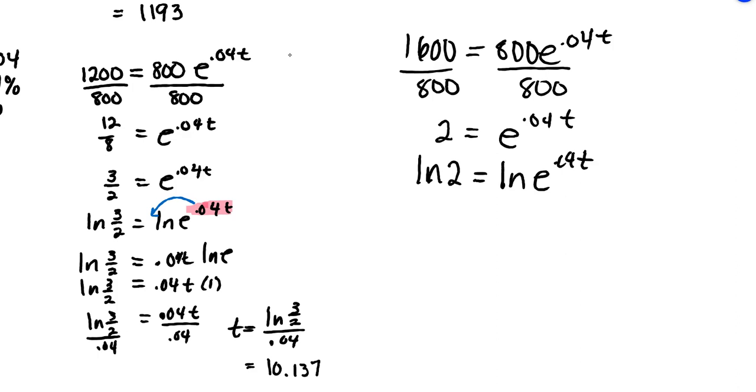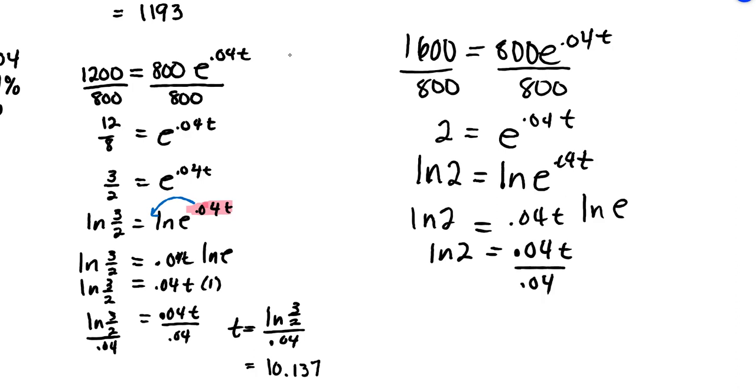I would use the power rule to bring that 0.04 t out of the exponent. Natural log of e is 1, leaving me with 0.04 t equals natural log 2, and then I would divide both sides by 0.04. t equals natural log of 2 over 0.04.